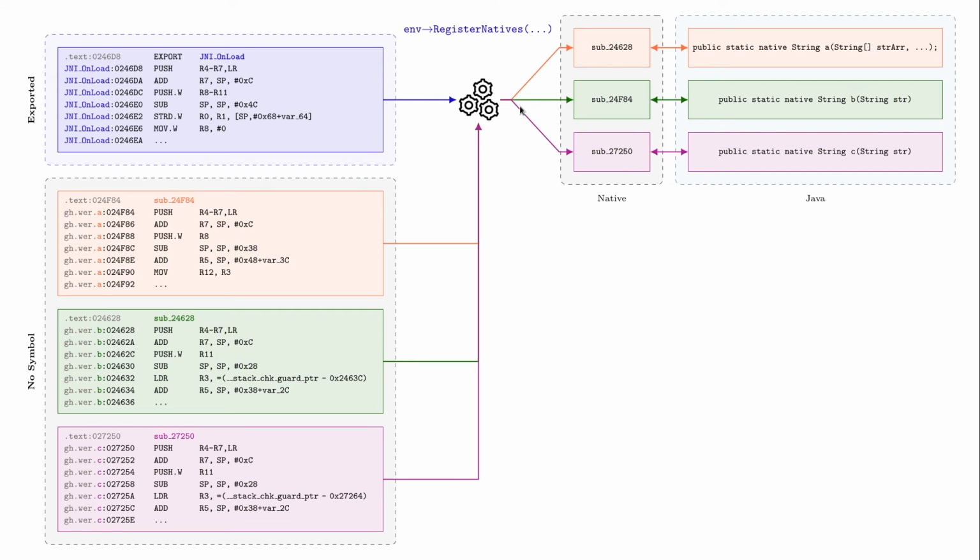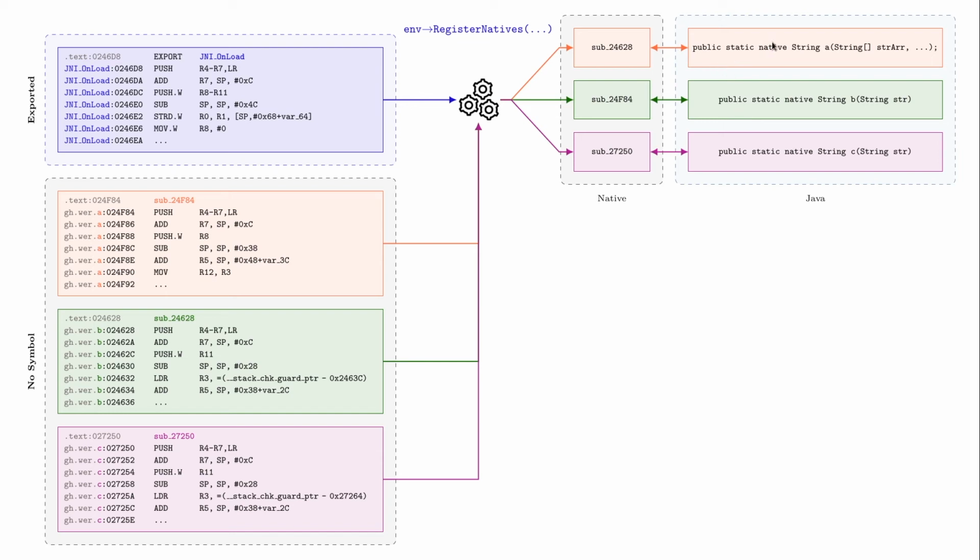In the JNI_OnLoad function, you have one specific JNI function, which is RegisterNatives. The purpose of RegisterNatives is to bind an offset in the library with the declaration in Java. So by calling RegisterNatives, you have a bridge between the native implementation and the Java declaration.